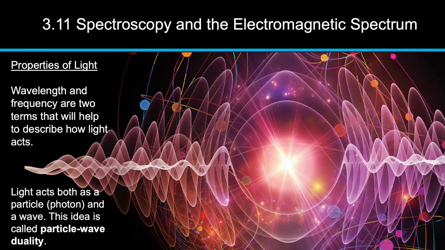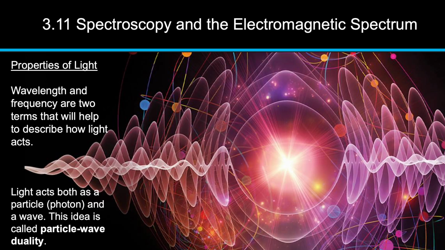Sometimes it also acts like a particle, where individual packets of energy called photons interact with matter. So this concept where light can behave like a particle and a wave is called particle-wave duality. And it's central to modern physics and chemistry, and it helps explain why light can both bend around objects like a wave and also knock electrons off a metal surface like a particle in the photoelectric effect.